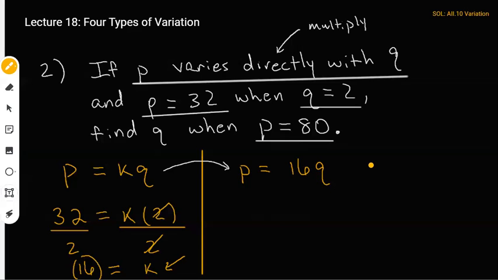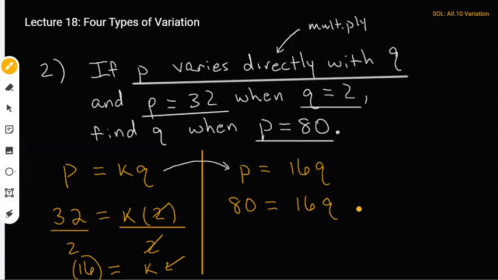So plugging in my K value, I only need one more number to find the missing variable. Now it tells me that P is going to be equal to 80. So I'm going to let P be 80. And it doesn't tell me what Q is, right? We're going to have to solve for that. How can I get Q by itself now?